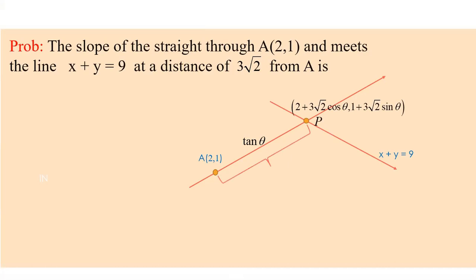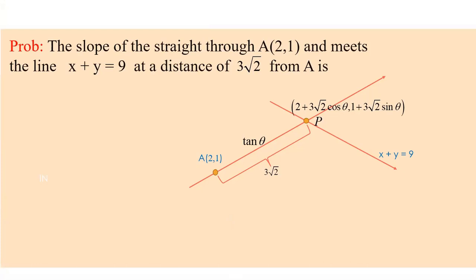According to our step 2, the coordinates of P are x1 plus r cos theta, y1 plus r sin theta. Here x1 and y1 are 2 and 1, r is 3 root 2, with cos theta and sin theta as they are.